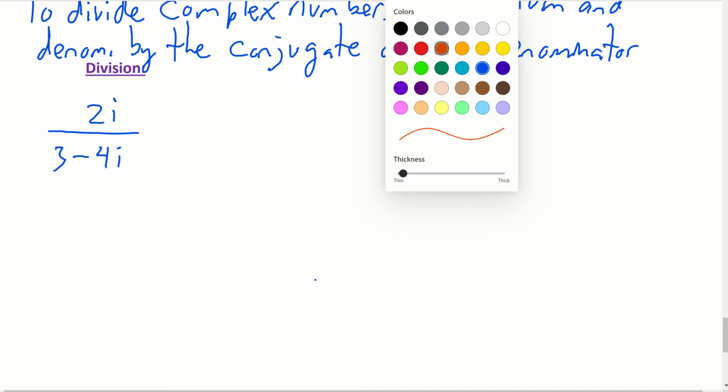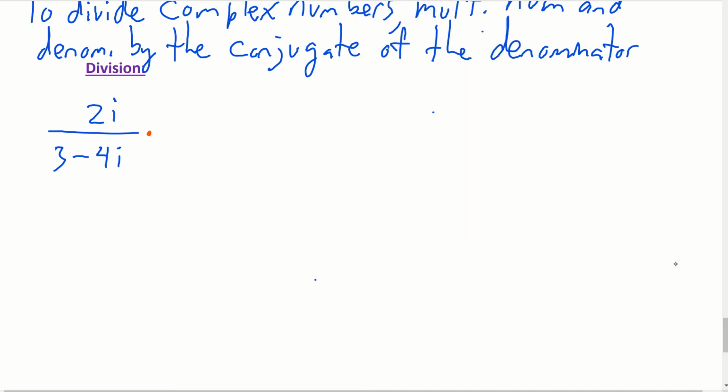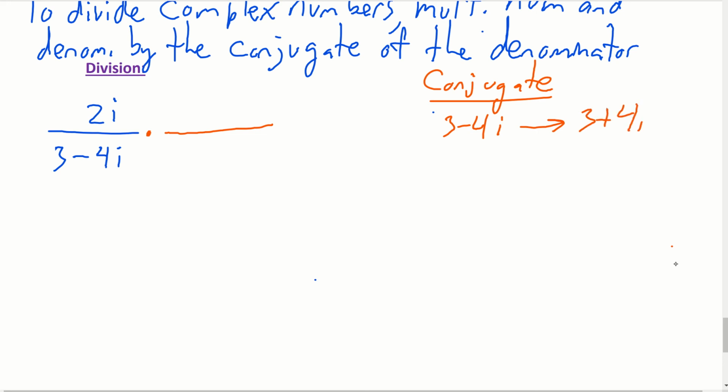In order to do that, we need to multiply the fraction, top and bottom, by the conjugate of the denominator. The conjugate of 3 minus 4i, we said a minute ago, is going to be 3 plus 4i. Just change the sign in between.